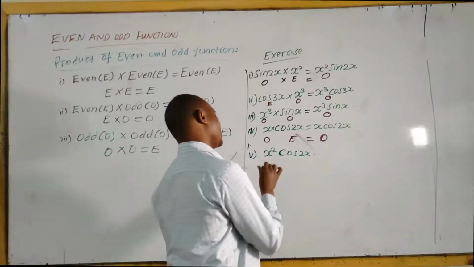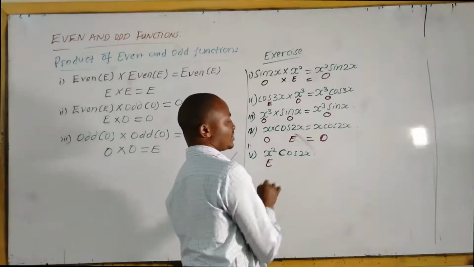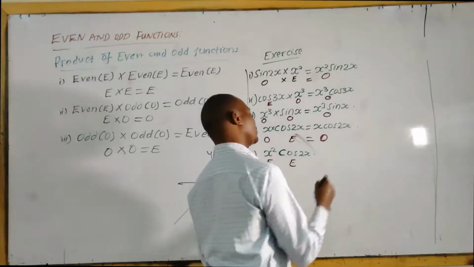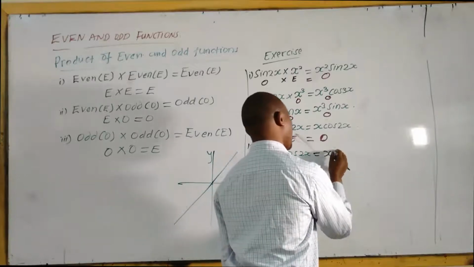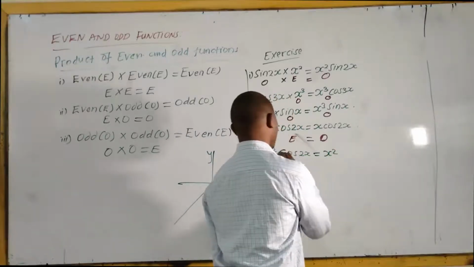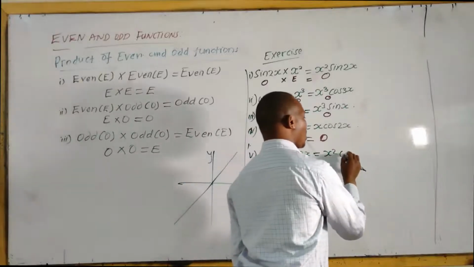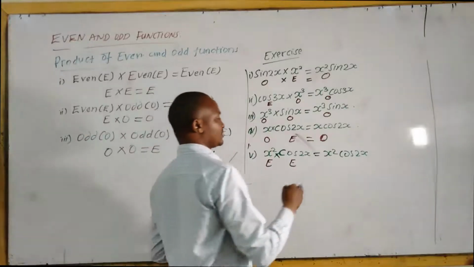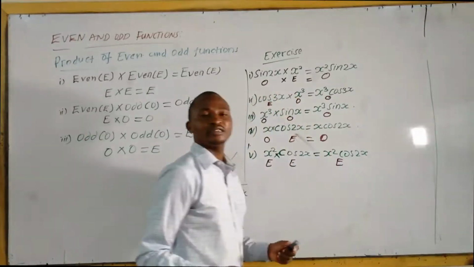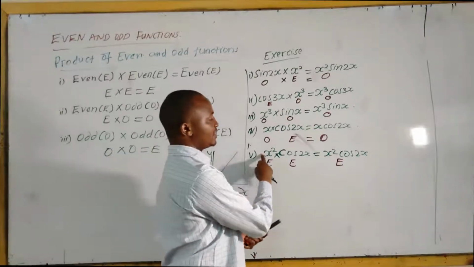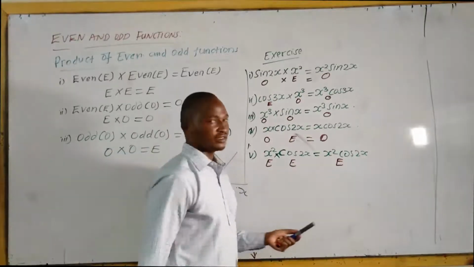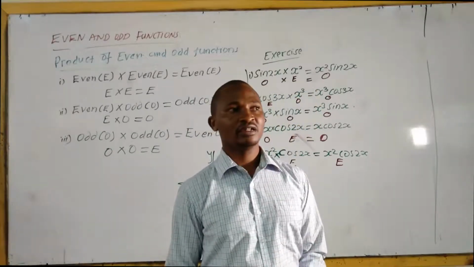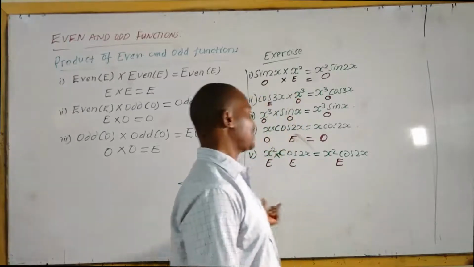This is even because x squared is even, cosine is even, so the result, x squared cos 2x, is even. It is even because even times even is even. Neither times either odd or even is neither.